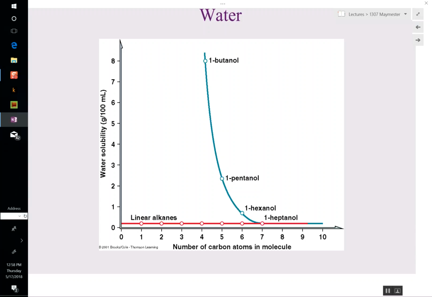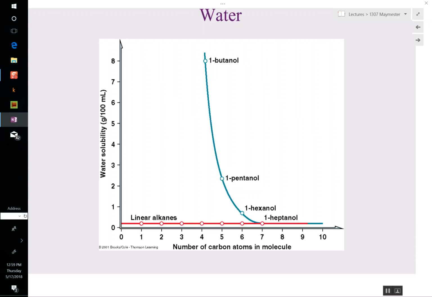Why? The only part of this molecule that is polar is that OH group. And if we ignored that, that looks a lot like an alkane, doesn't it? Which are nonpolar and not soluble in water. So the longer we make this molecule, the more it starts acting like an alkane.